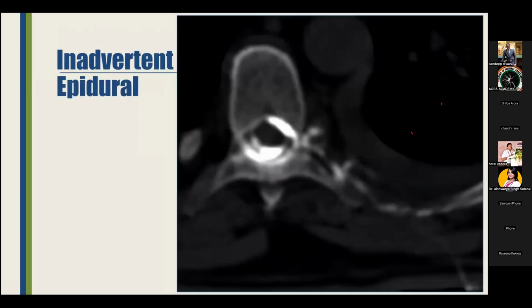Now, when I did some of the ultrasound guided thoracic paravertebral blocks, I found that many times I could go into the epidural space. The problem I was facing was that I used to have one click.